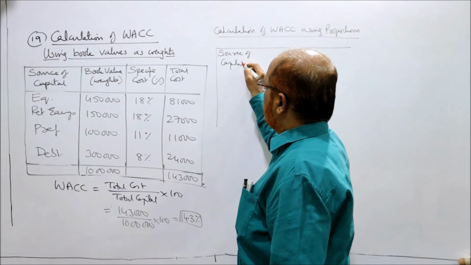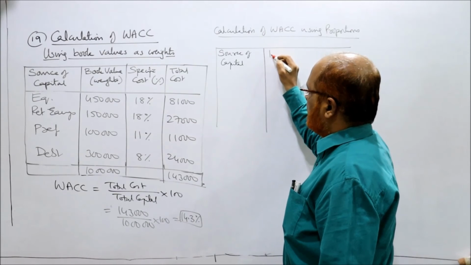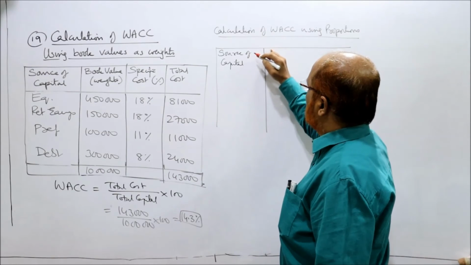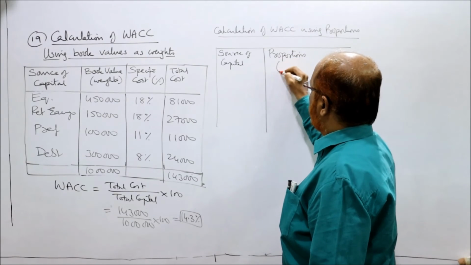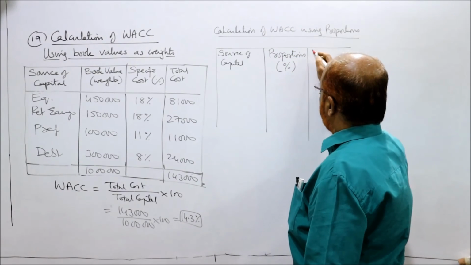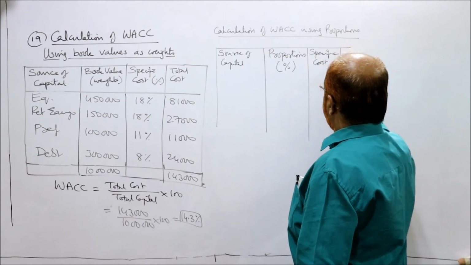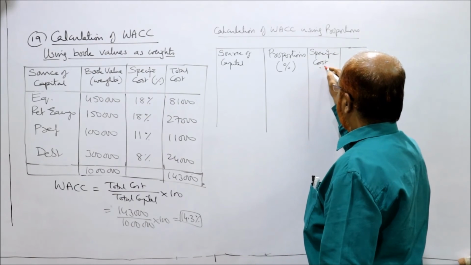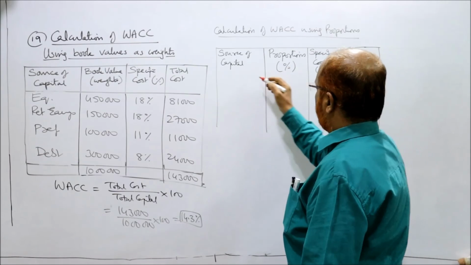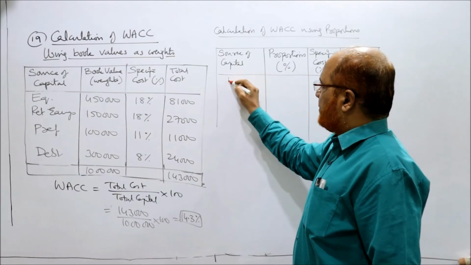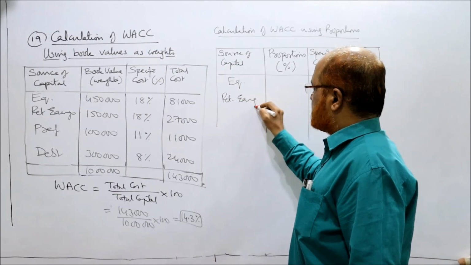Source of capital, then book weights or proportions. Source of capital: equity, then we take retained earnings.